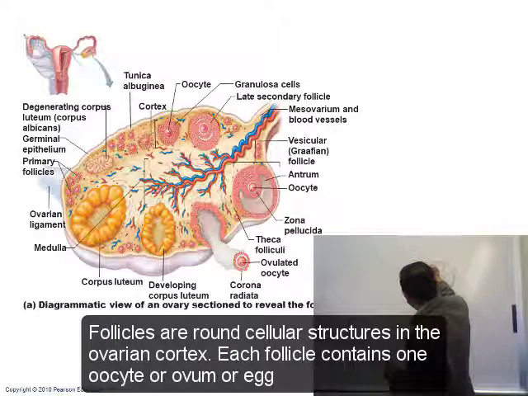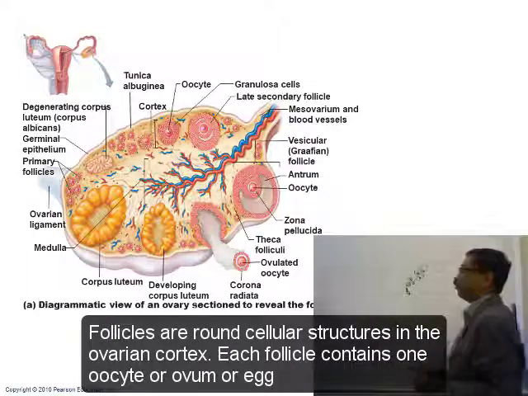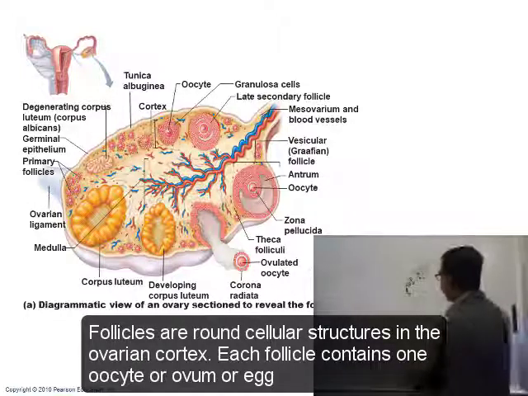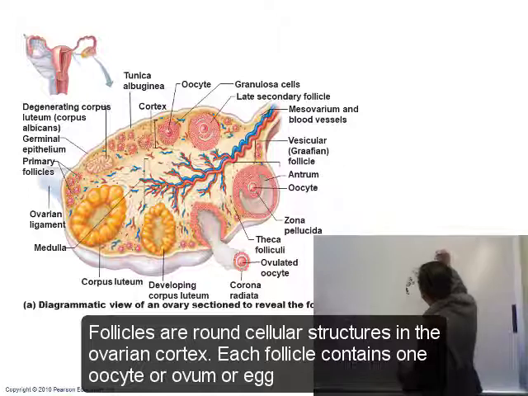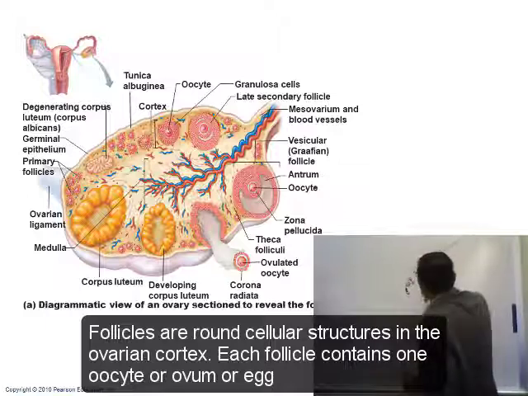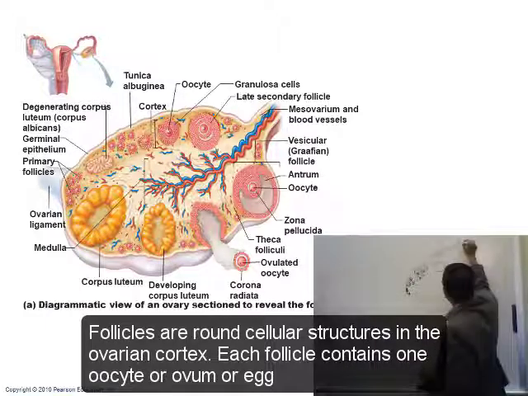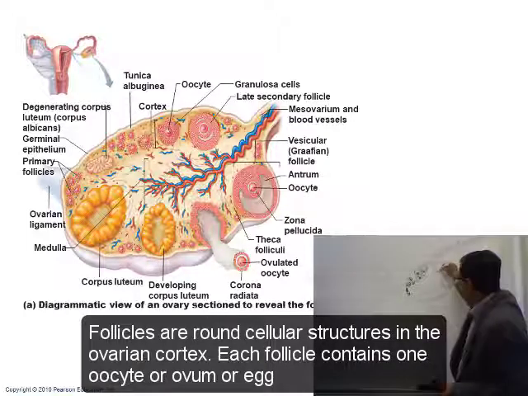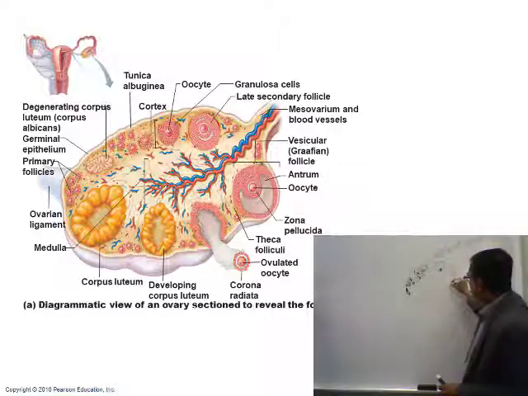So each follicle has many cells, but only one oocyte, or egg, or ovum. Same thing.